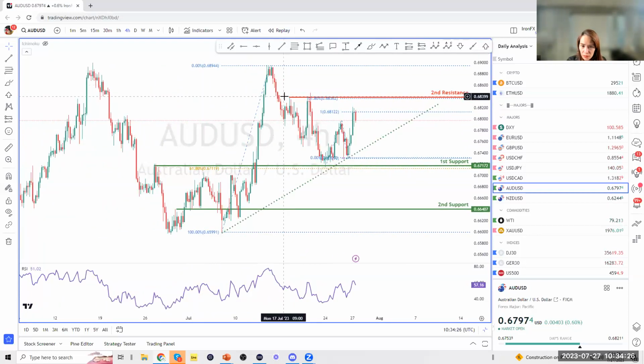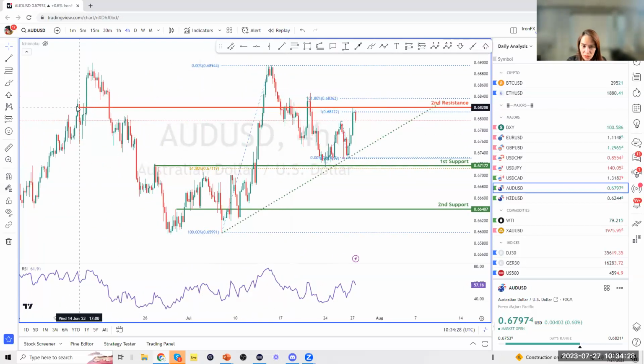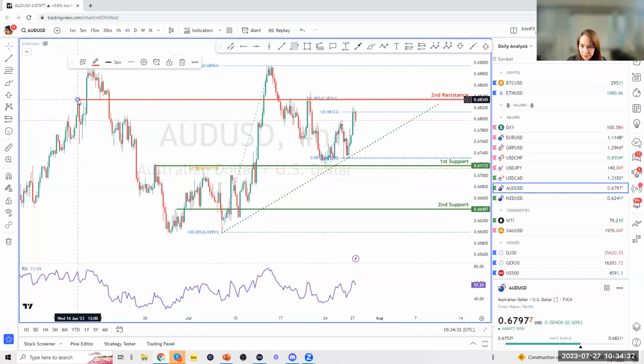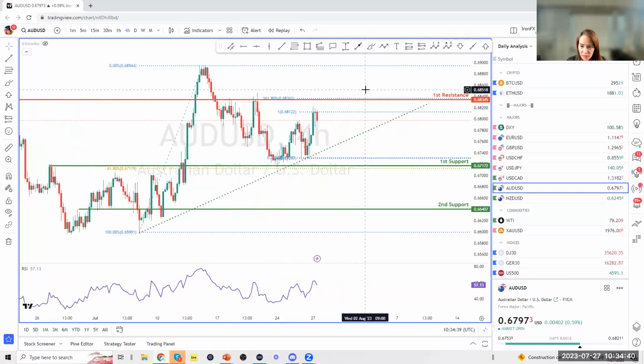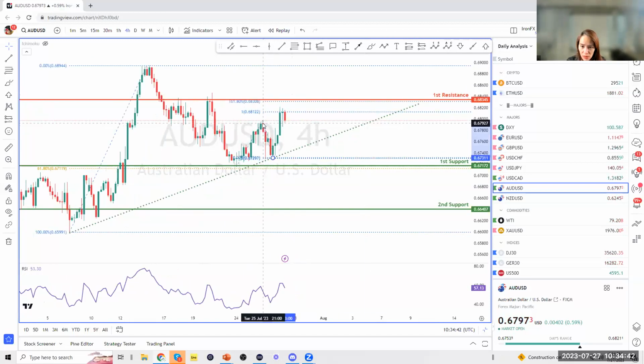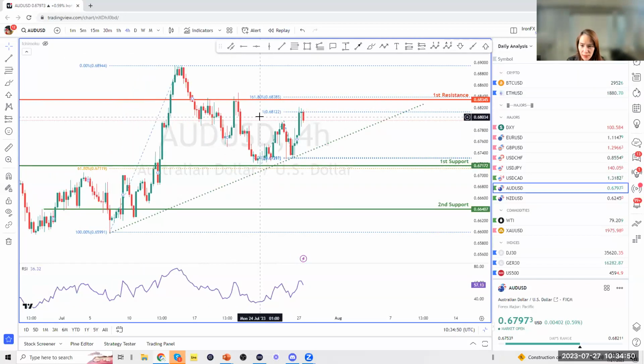I still keep this as my first resistance. I change to resistance first because we do have 161.8% extension. This is the extension for this, and this is the projection here. Price already reacted, but let's see.